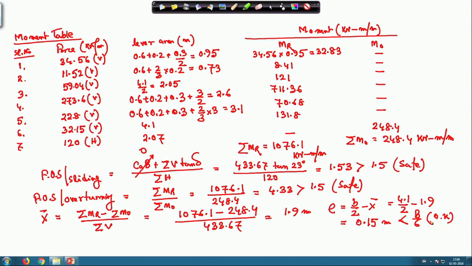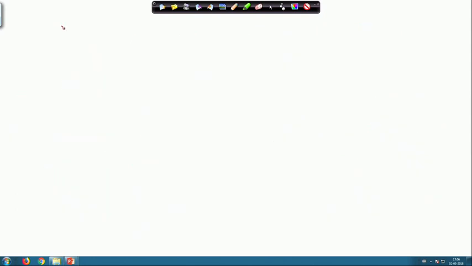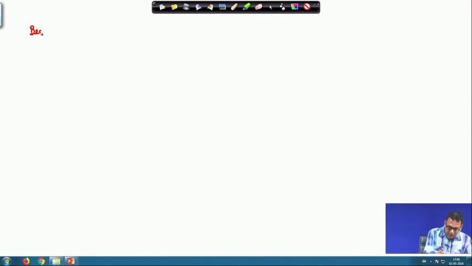So, next we will do the bearing capacity check. As I mentioned, we have two methods.